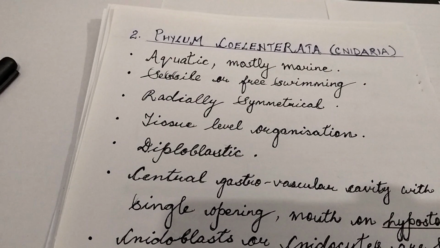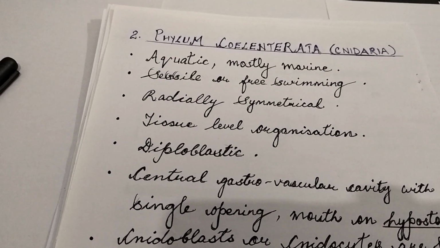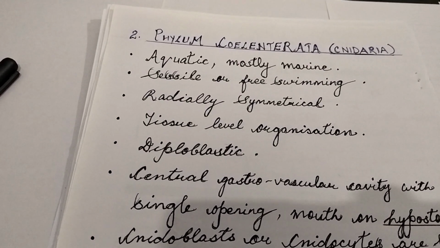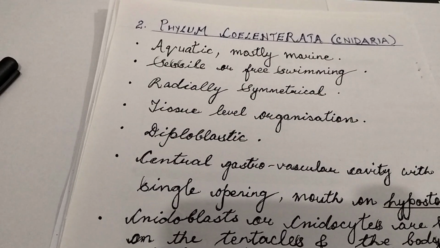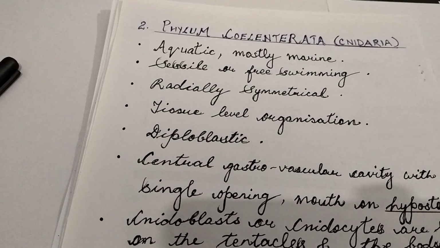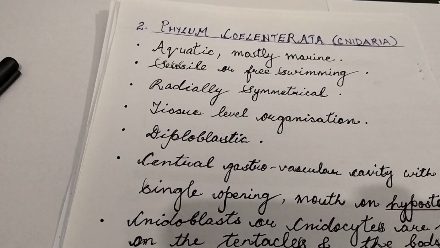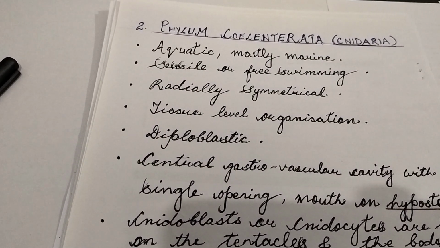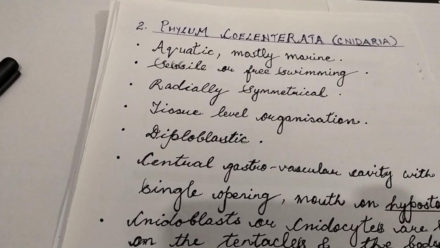That means a group of similar cells performs similar functions and forms tissues. Next character, they are diploblastic. Remember, diploblastic means they are made up of two germ layers, ectoderm and endoderm.